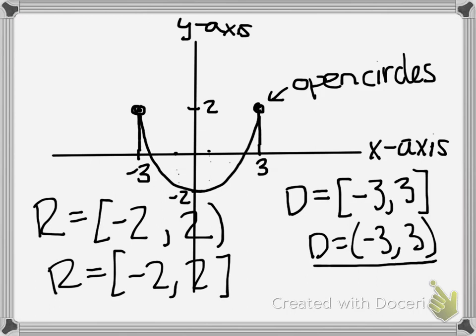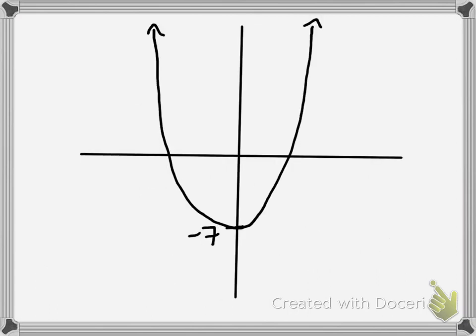So I can look at a graph and decide what my domain and my range are, but that might not be finite. Here, when I think about what x values I can plug in, it's a parabola. It goes on up forever. I can plug in any x value, and I'll get a y value out.